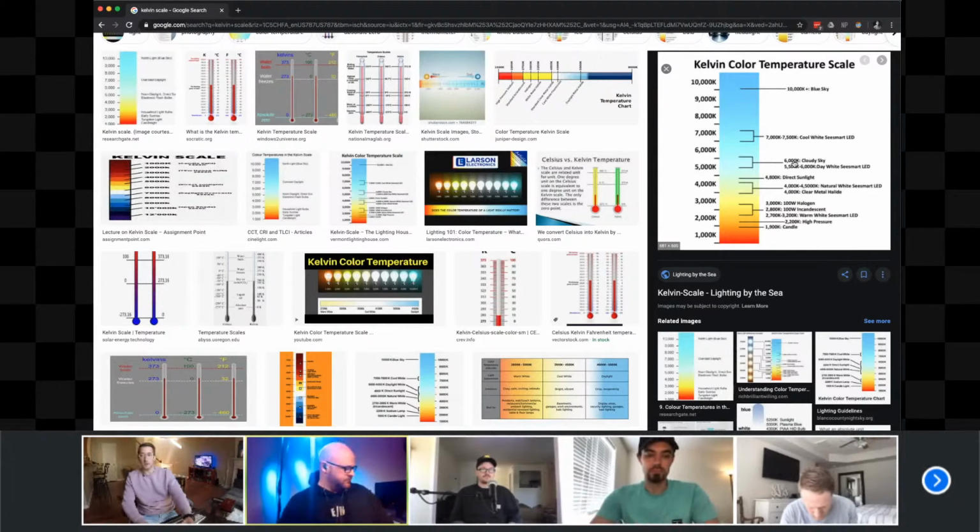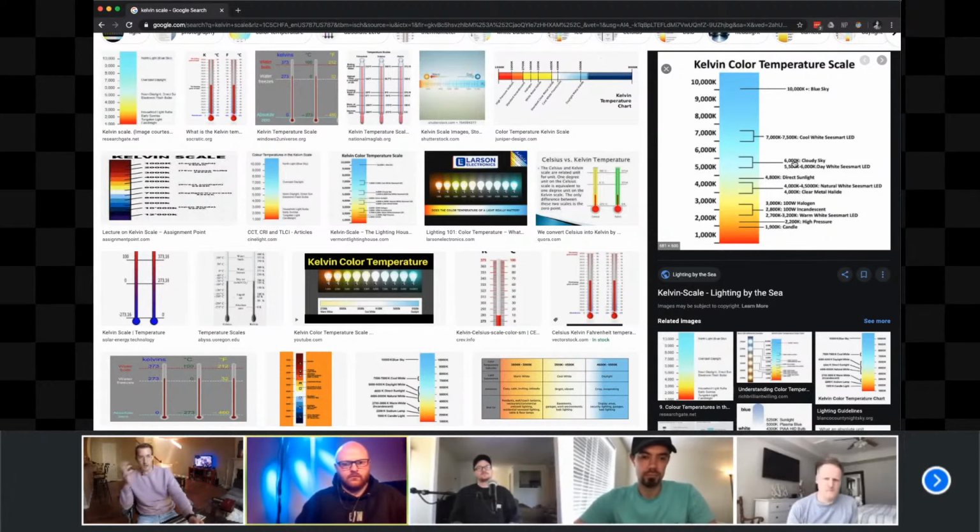This is super important with video, because your cameras have to know the color temperature of your light source. Your natural eyes will adjust, so a 3200 Kelvin light source will eventually look like natural white to your eyes, but cameras don't.